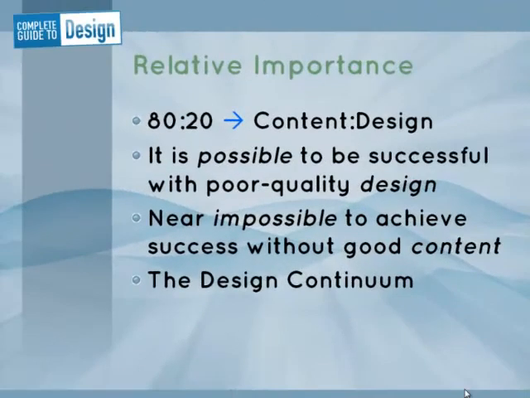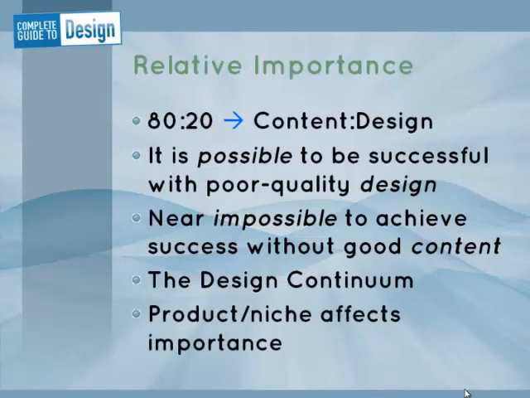The final thing we need to note when we're talking about the relative importance of design, the things that determine the importance of design for us, is our product and or niche that we're in. A good example of the niche determining the importance of design might be, for example, a photography website or a website design portfolio site.